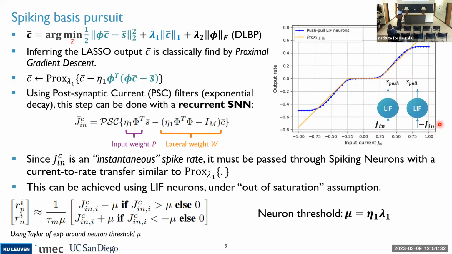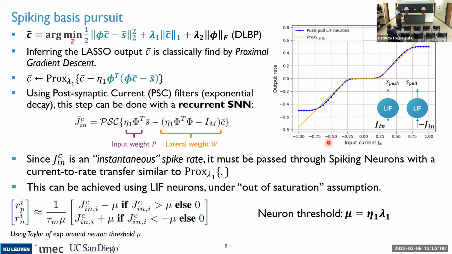So, for example, one is receiving the current J, the other one is receiving minus J. And the output of that other one is considered of negative polarity. Using this pair of push-pull leaky integrate-and-fire neurons, we indeed have a nonlinearity that approximates the proximal operator when you are out of the saturation zone.